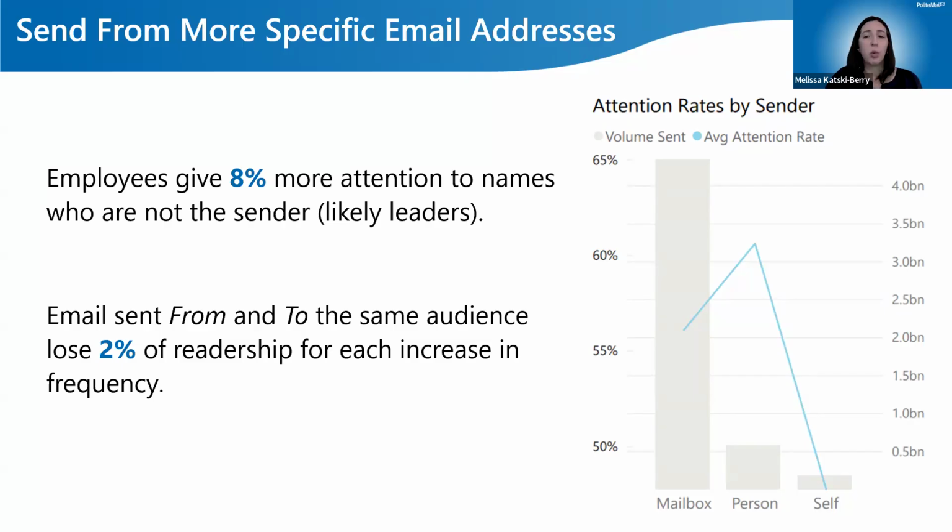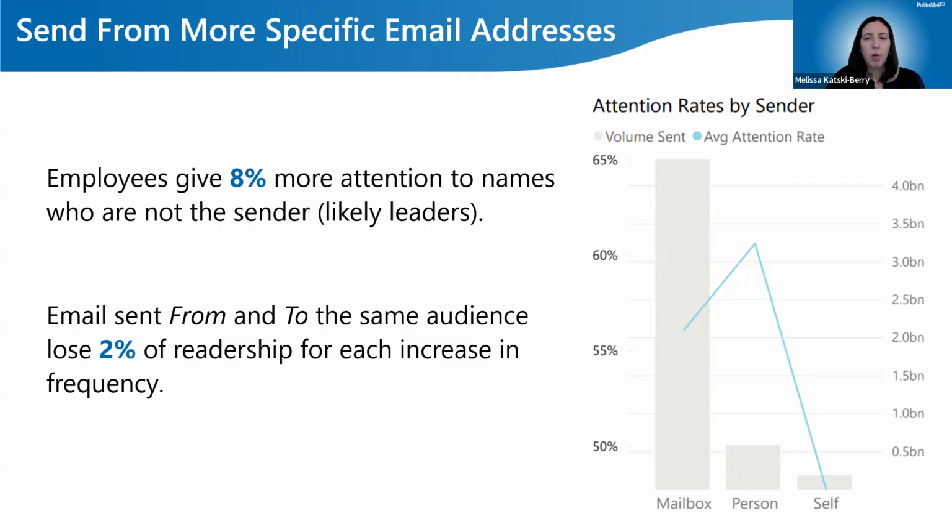You'll see in this chart, we're looking at the to from combination sent from a specific address to a specific audience. And this chart shows that most communicators are sending from a mailbox. But when messages are sent from a person that isn't the communicator's name, you get an 8% increase in attention. And that's likely because those messages are coming from leadership names, so that gets attention.